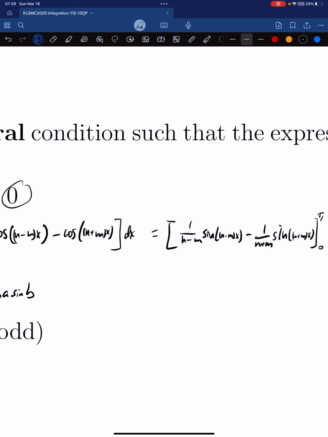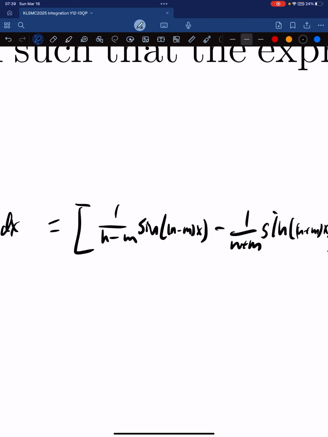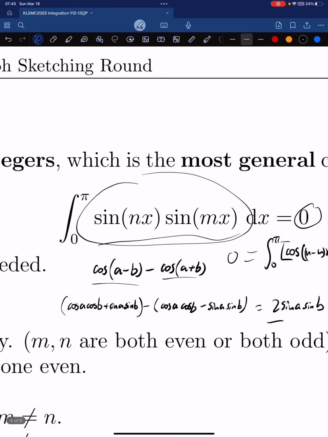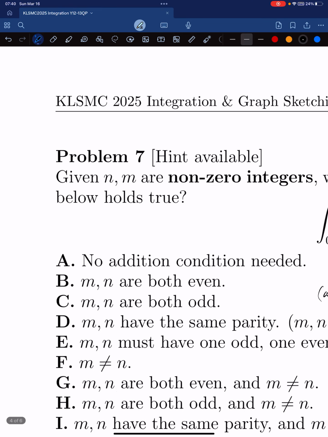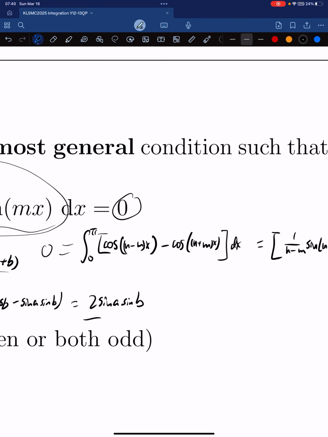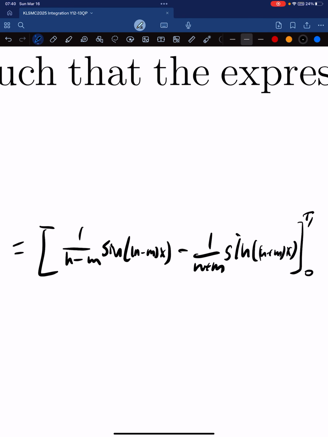And we need this to equal 0. Now think about it. Because n minus m is definitely also an integer, since we are given that n and m are non-zero integers, n minus m and n plus m must also be integers.